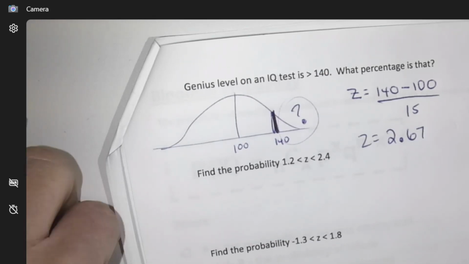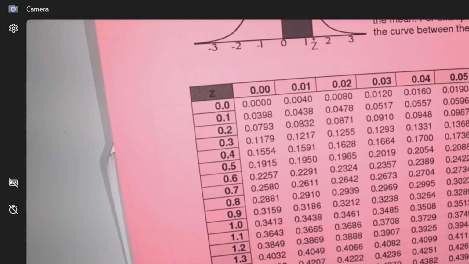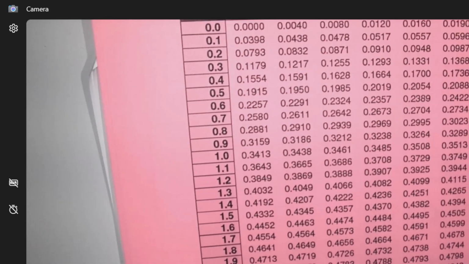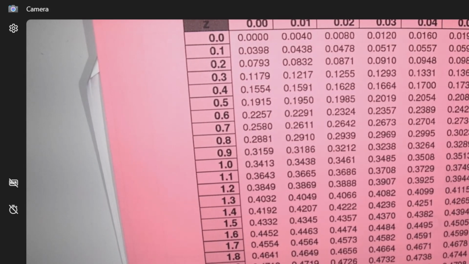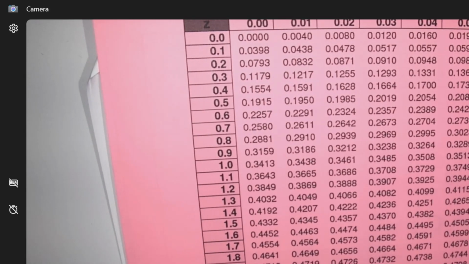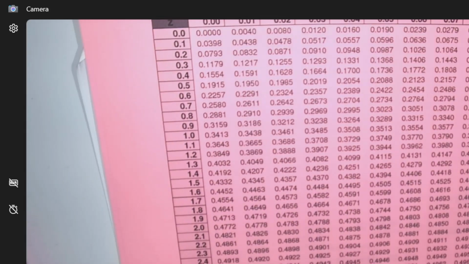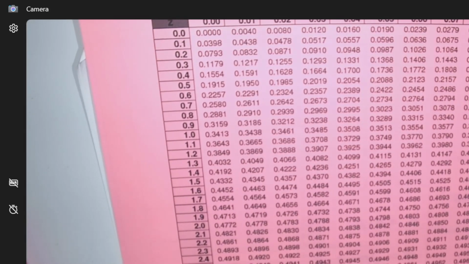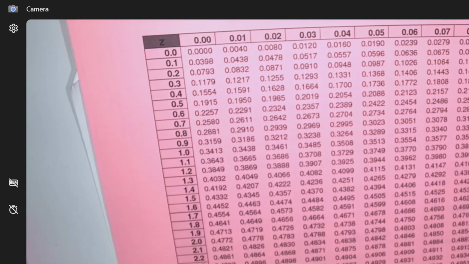Okay, so now I go to my chart. So on here I go to 2.6. 0.6 there, and then I need to go across to 7. So where do they meet?